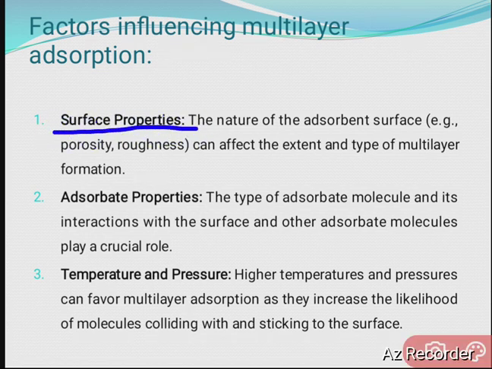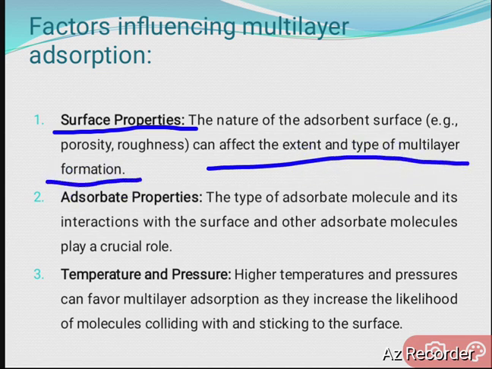The nature of the adsorbent surface can affect the extent and type of multi-layer formation. It is the surface porosity and roughness which can affect the extent of the multi-layer formation.